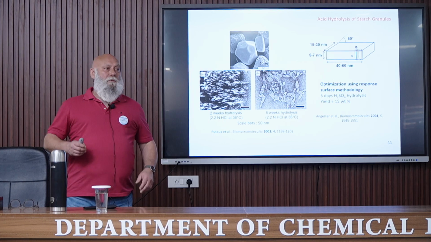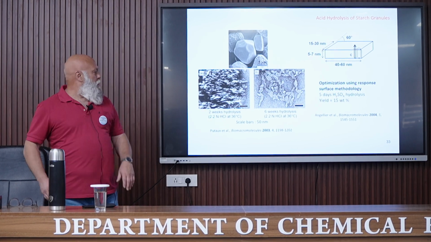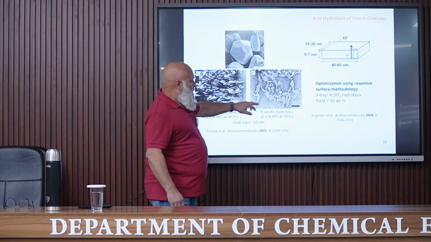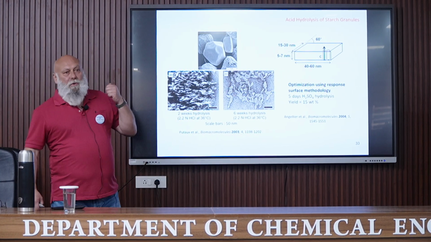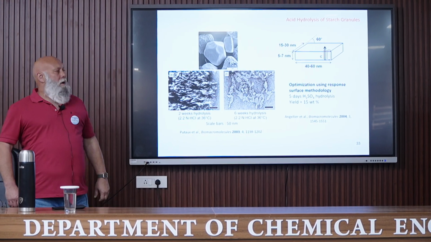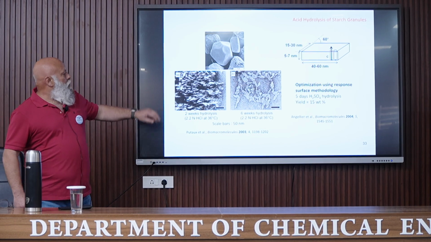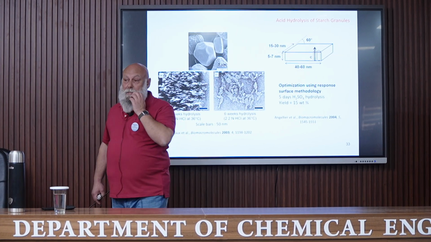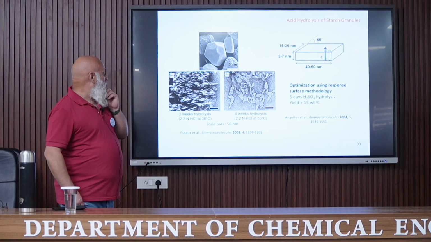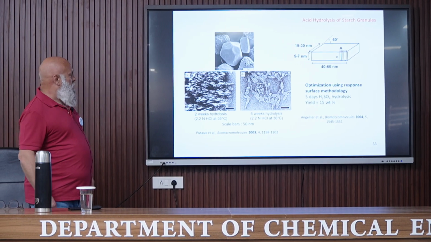And for this, of course, the duration of the treatment is much longer. You can see this optimization, 5 days compared to 45 minutes for chitin and for cellulose. You can see also the yield. It was optimized at 15%. It's very low. We'll see the reason later.